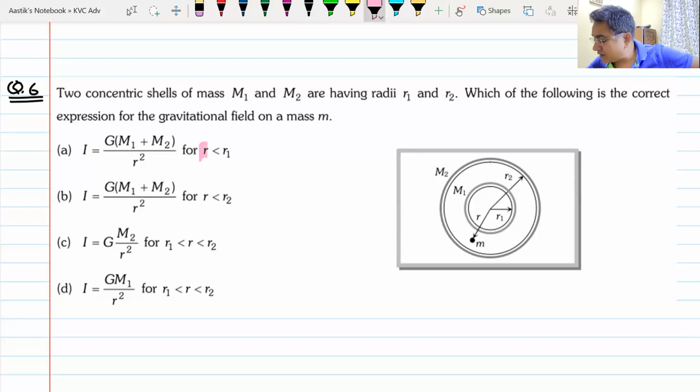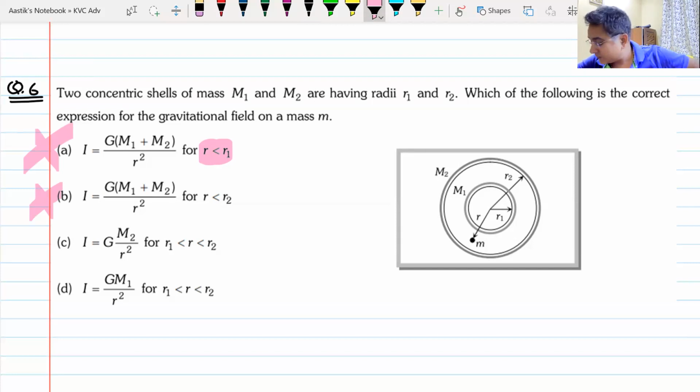If I look at option 1, r is smaller than r1, so it is inside the smaller shell. Can there be gravitational field there? No, so this is wrong. Then r is smaller than r2. It could be anywhere, we don't know where. So therefore, this is also wrong.